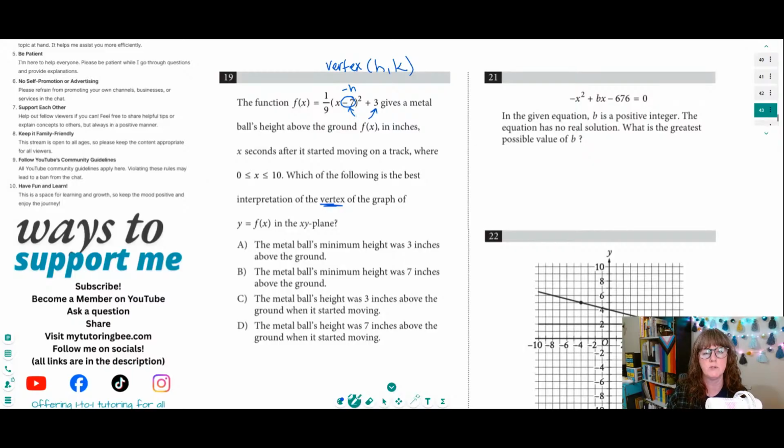So we always do have to change the sign of that one. And then whatever is being added or subtracted outside of the parentheses, that is k. We do not need to change the sign of that one. So this gives us a vertex of 7, 3. Right? So that is our vertex.